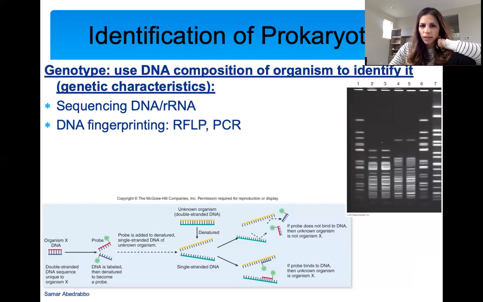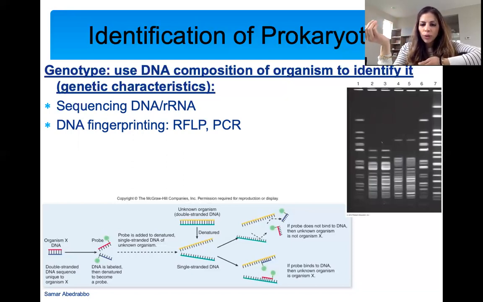DNA fingerprinting. So in the biotechnology lecture, we learned about restriction fragment length polymorphisms, or RFLP, and the polymerase chain reaction, or PCR. These are two different methods where you actually look at the DNA, you look at the gene, and for PCR, you use probes, remember, that bind your genes. Go back and watch that video if you don't remember.